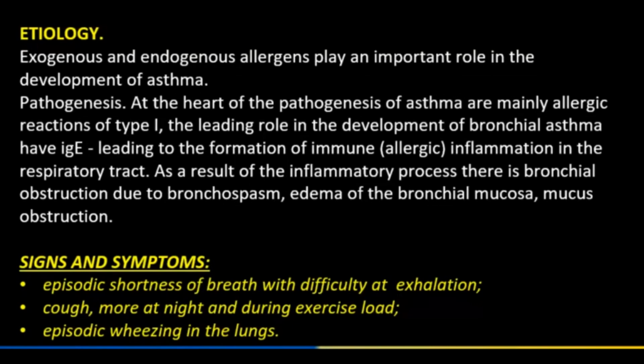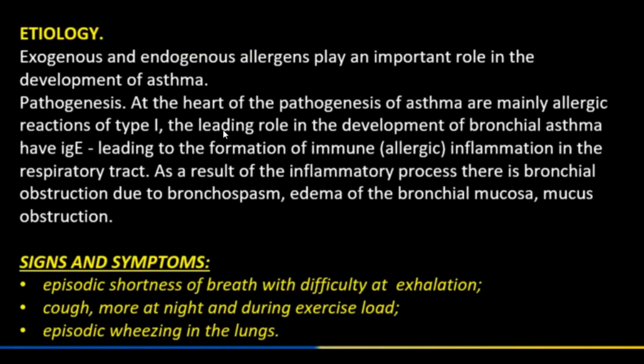In the pathogenesis, at the heart of asthma are mainly allergic reactions of the first type. The leading role in the development of bronchial asthma belongs to immunoglobulin E, leading to the formation of immune allergic inflammation of the respiratory tract.